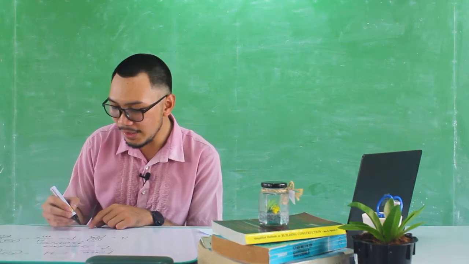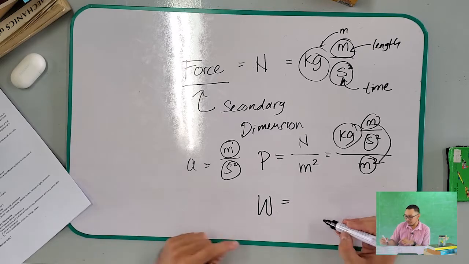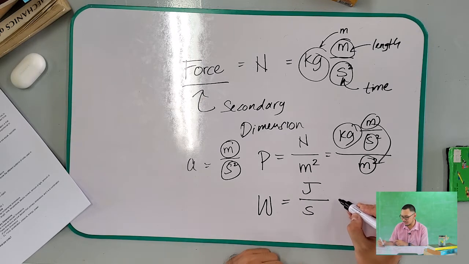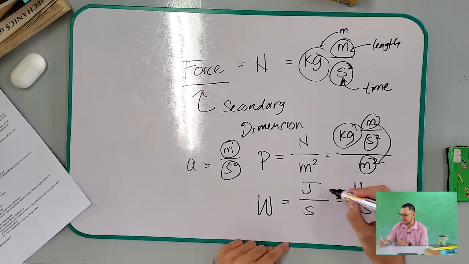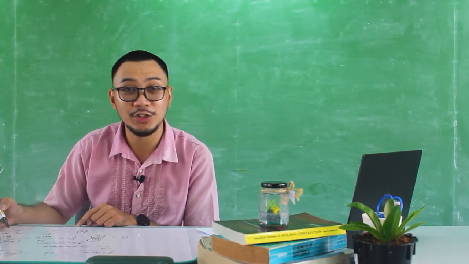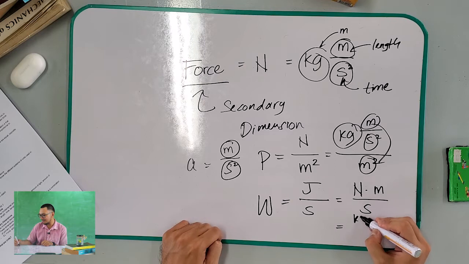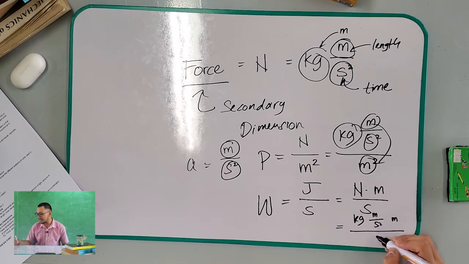Power. Unsa man po ang power? So, power, unsa unit sa power? Joules per second. Unsa man po ang joules? That is newton meter per second. Ang joules is actually newton meter and then over second. So kung ato pa nabungkagon, kilogram meter per second squared, meter per second.